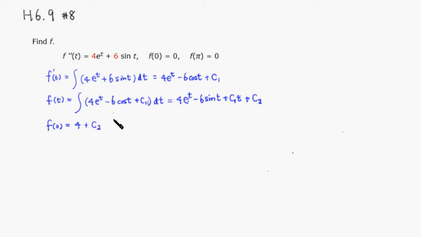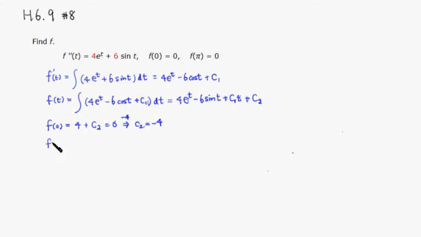This is supposed to be equal to 0, so subtracting 4 from both sides, c2 is going to be negative 4. Then we found c2, so we can use the other condition.